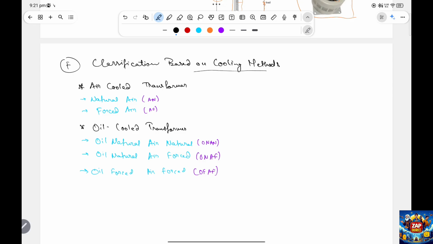Taking an example, I have a rough sketch, say this is a transformer. Here, the surface of the transformer is designed like a heat sink, which increases the surface area for more cooling.